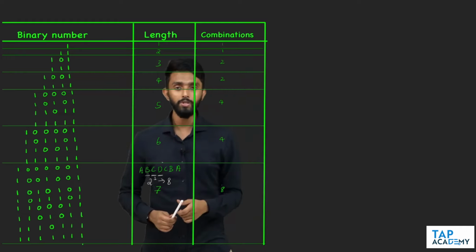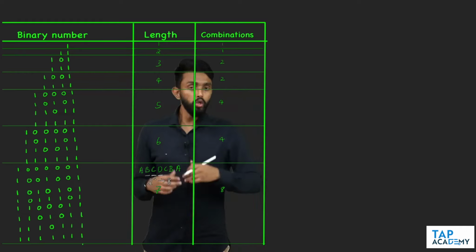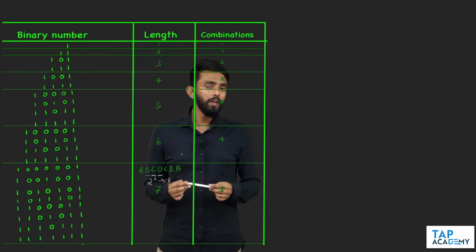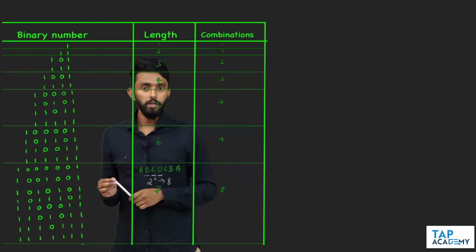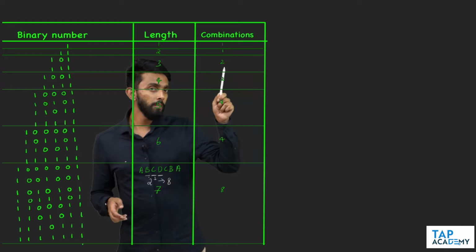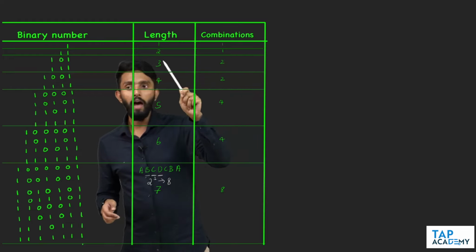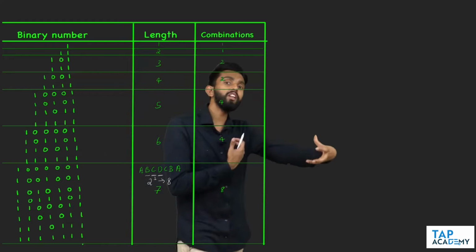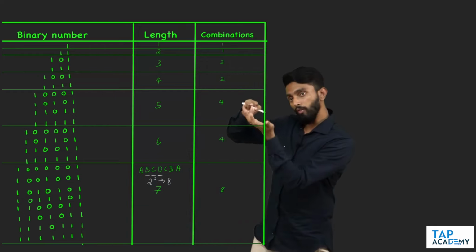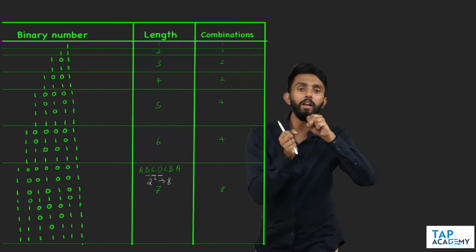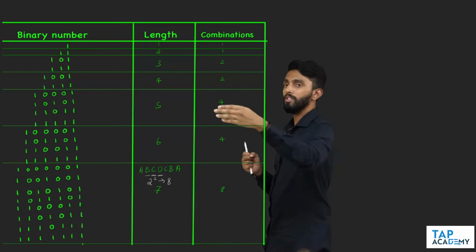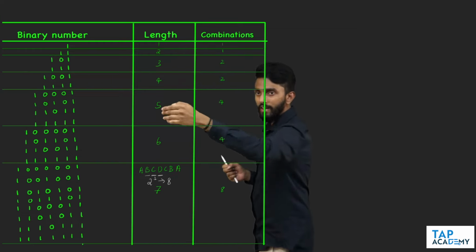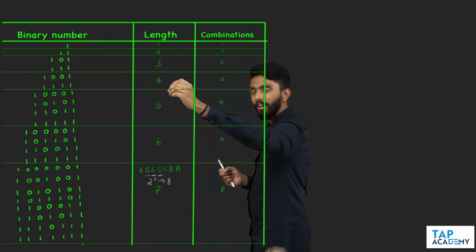I hope you are able to see. Now the thing is, to solve this problem, it becomes very important for me to express the number of combinations as a function of the length. Or from the length I should be able to derive the number of combinations, because you can see length grows linearly: length 1, length 2, length 3, length 4.